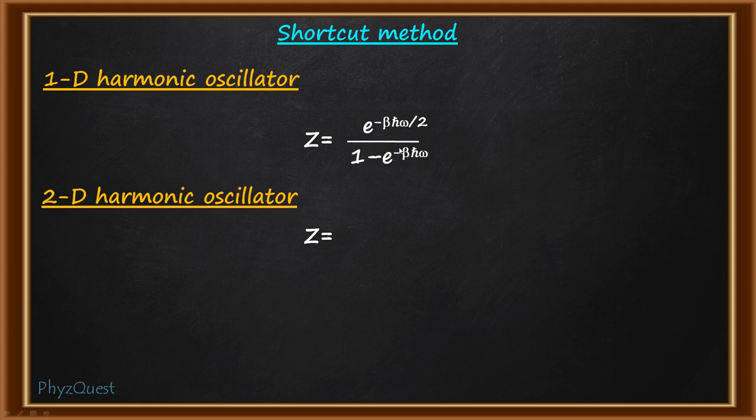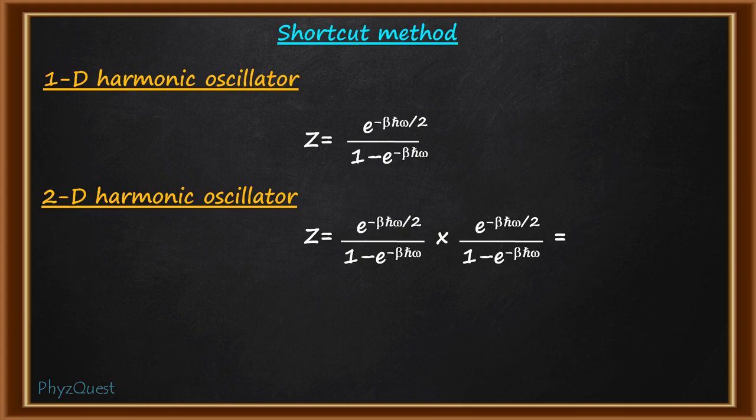That means we can write this as e to the power minus beta h cross omega by 2 divided by 1 minus e to the power minus beta h cross omega, into e to the power minus beta h cross omega by 2 divided by 1 minus e to the power minus beta h cross omega. So this is equal to e to the power minus beta h cross omega divided by (1 minus e to the power minus beta h cross omega) whole square.